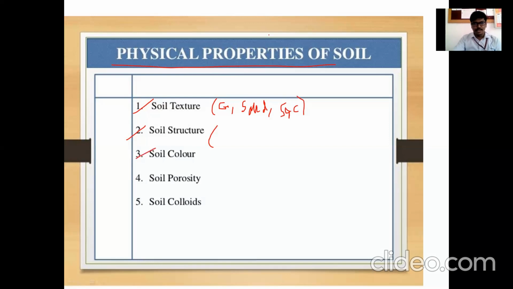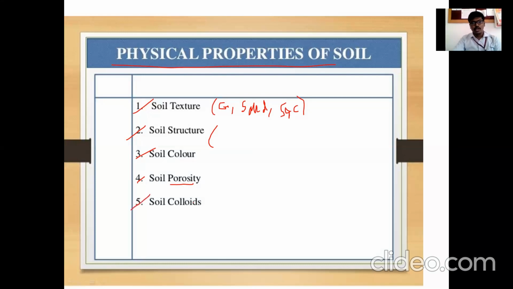And soil color. Depending upon the color, you name the soil, like black cotton soil, black in color, red soil, red in color. And later on soil porosity, the pores present in the soil, mainly because of the roots of plants penetrating into the soil. Because of that, some pores are produced in the soils.